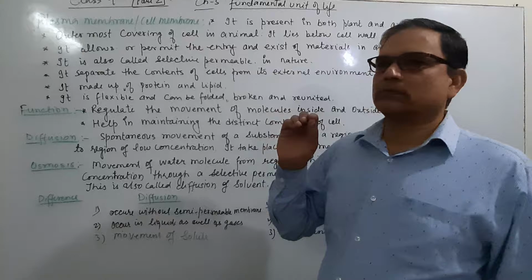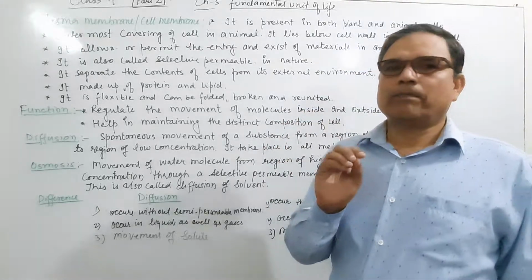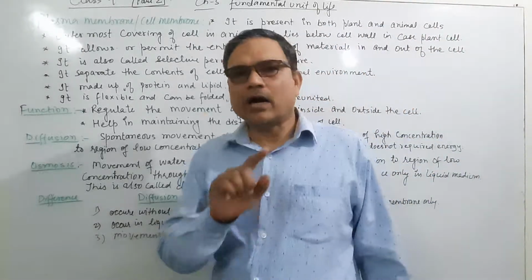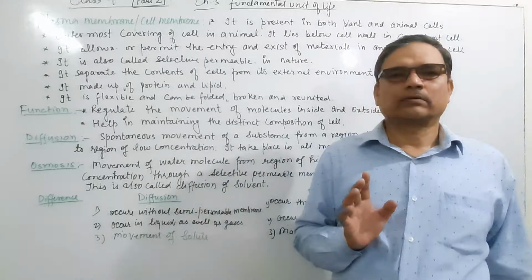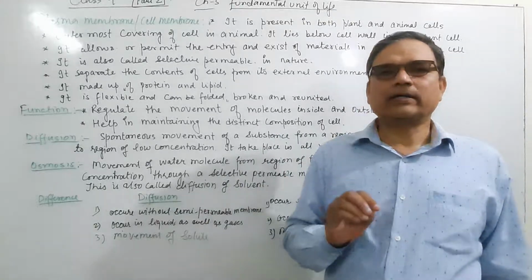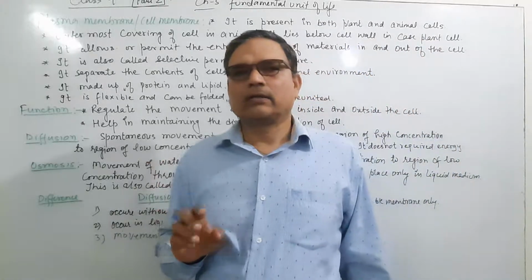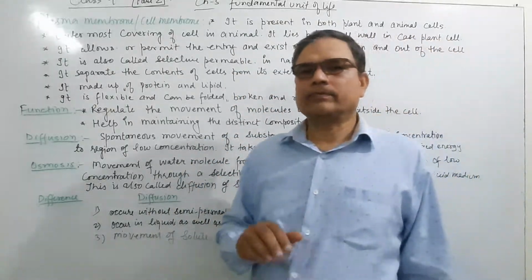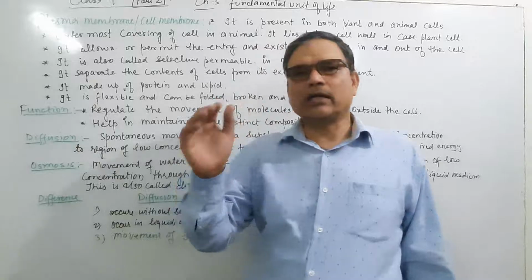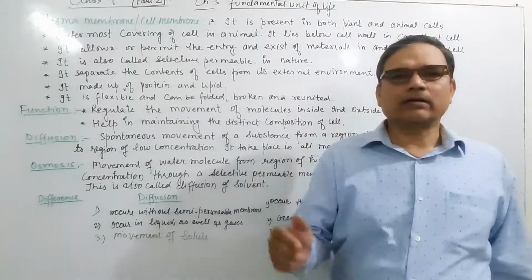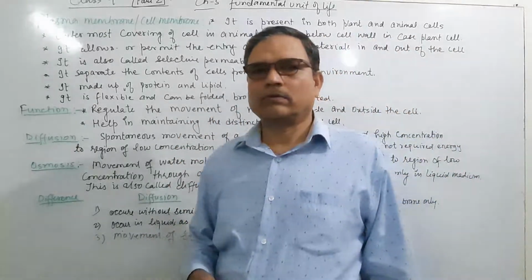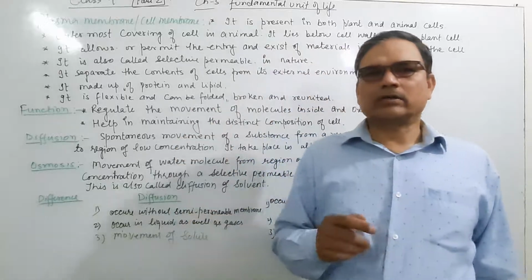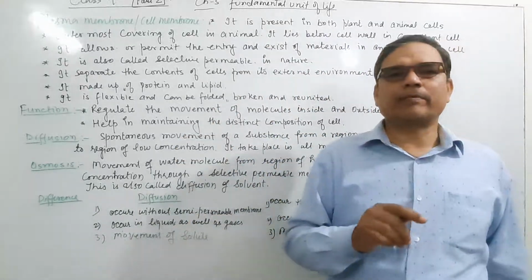The plasma membrane in an animal cell is the outermost covering, but in a plant cell the plasma membrane is present below the cell wall. It means there is another outer covering in the plant cell, which is the cell wall, and after the cell wall the cell membrane or plasma membrane is present.